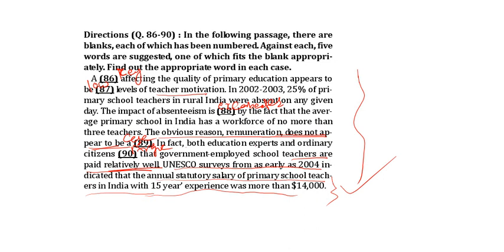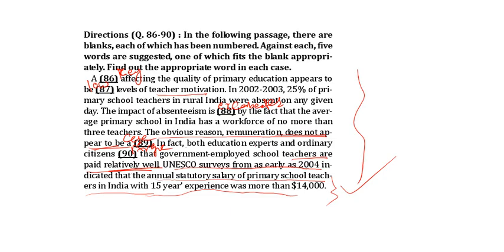In 2002-2003, 25% of the primary school teachers in rural India were absent on any given day. The impact of absenteeism is exacerbated by the fact that the average primary school in India has a workforce of no more than 3 teachers. The obvious reason, remuneration, does not appear to be a case.